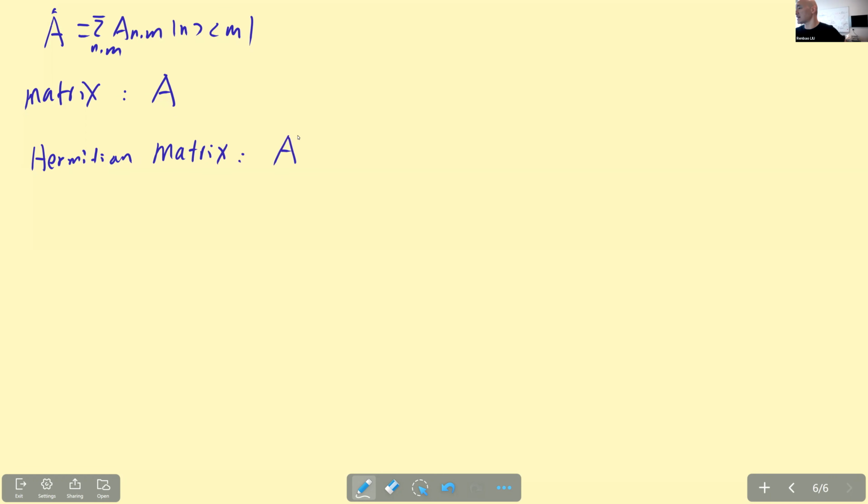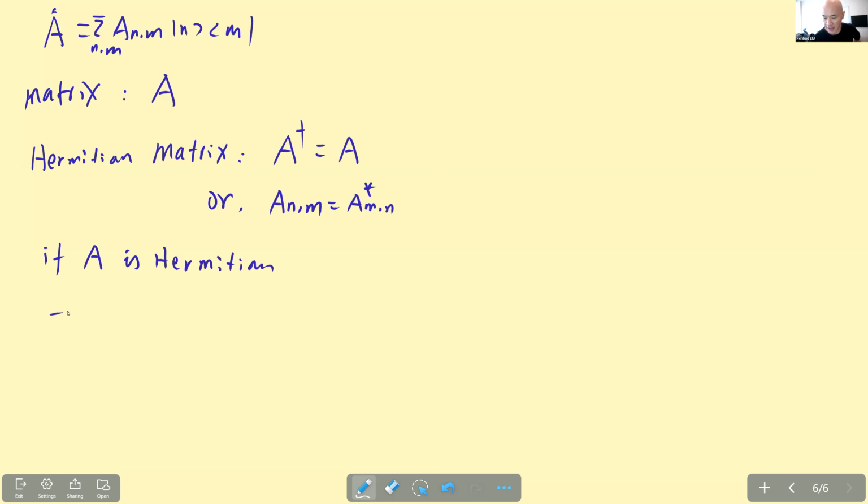That is basically, we say that this one just equal to this, or equivalently, we say that AM equals to AMM complex conjugate, right? So we say that if A is emission, then we say that this operator is an emission operator. That's definition.